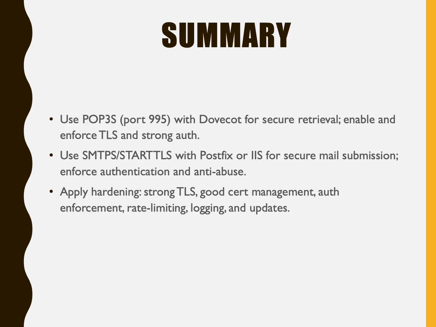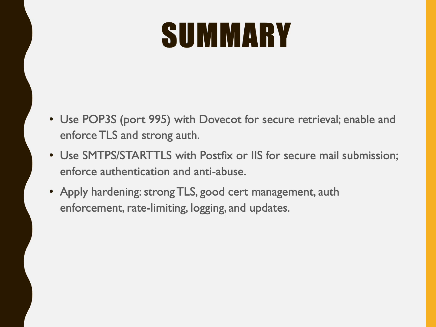So to wrap everything up, let's quickly review the main points. For secure email retrieval, POP3S should always be used instead of plain POP3. Dovecot makes it relatively straightforward to configure POP3S, but the configuration must be hardened by enforcing modern TLS, managing the certificates properly, and blocking brute force attempts.